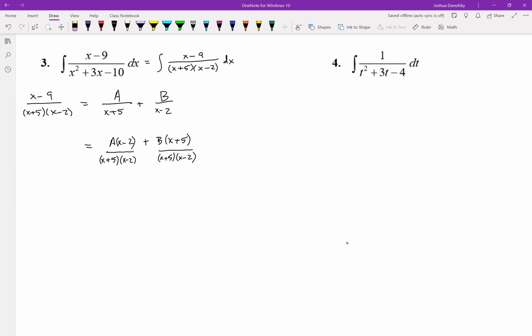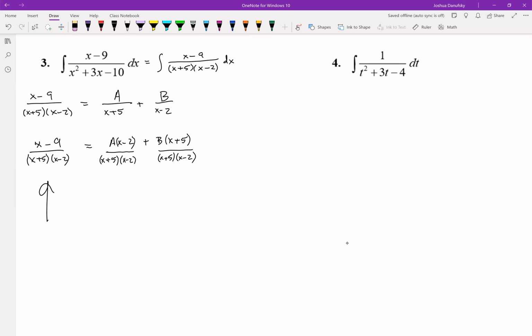And our goal is to find A and B so that that sum is equal to x minus 9 in the numerator, x plus 5 times x minus 2 in the denominator. Now, really, all we care about to make these two sides of our equation equal to each other is to set the numerators equal to each other, because the denominators are always the same.